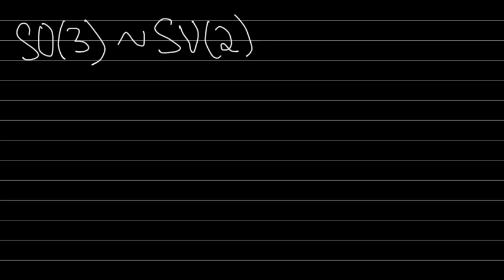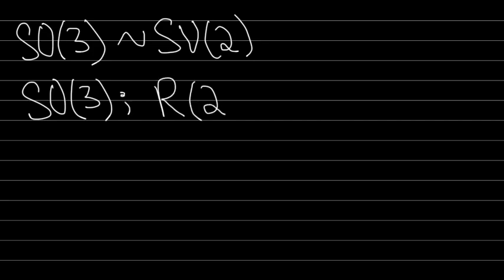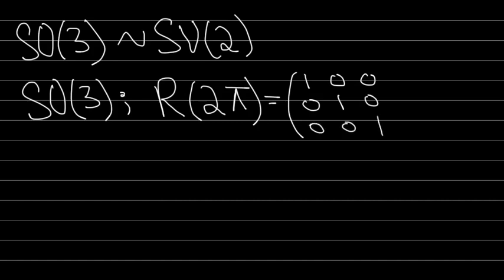What if I ask whether it is true globally, not just near the identity, but in all of the space? Well, the answer is no, and we can prove that simply. Take SO3, take the element R, and do a rotation of 2 pi. What you get is 1, 0, 0, 0, 1, 0, 0, 0, 1.